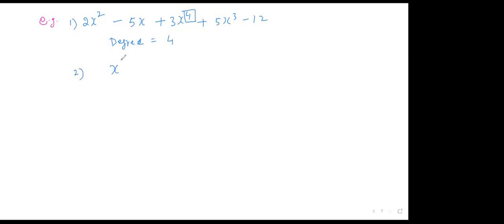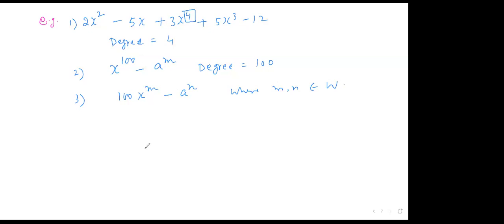x to the power 100 minus a to the power m. What is the degree? 100, yes. Next, x to the power m minus a to the power n, where m, n belong to whole numbers.